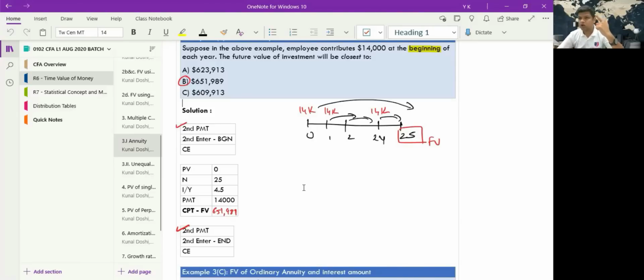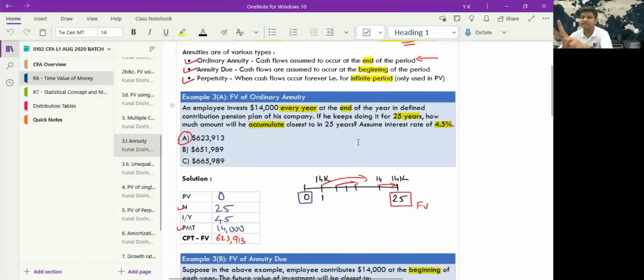Now see the logic. You're paying 25 installments of 14,000, and you are seeing the value at the end of 25th year, but your installment starts after 1 year. So you are accumulating 623,913, right?